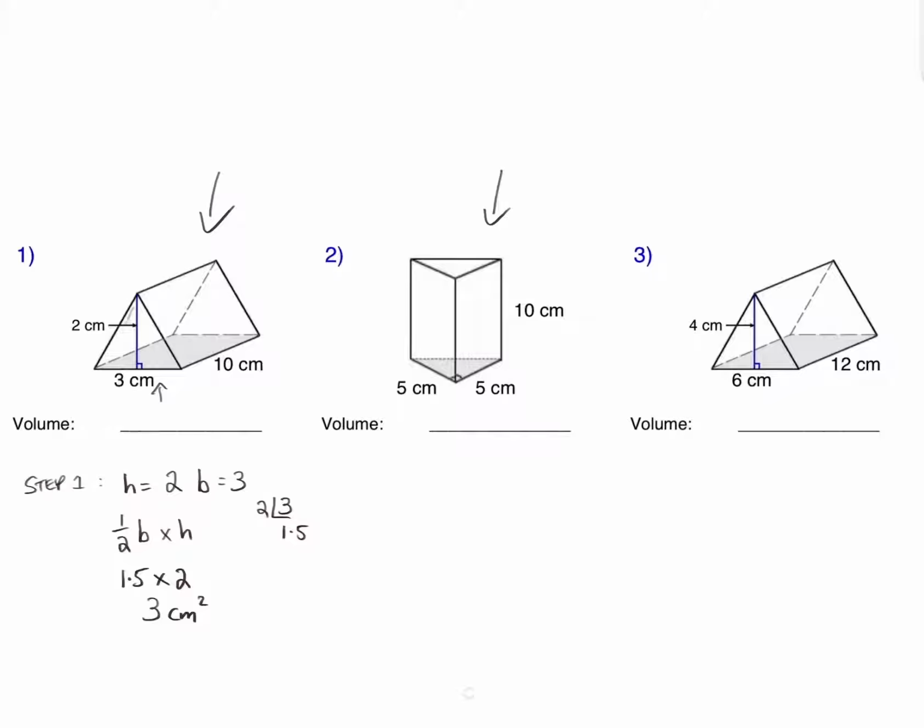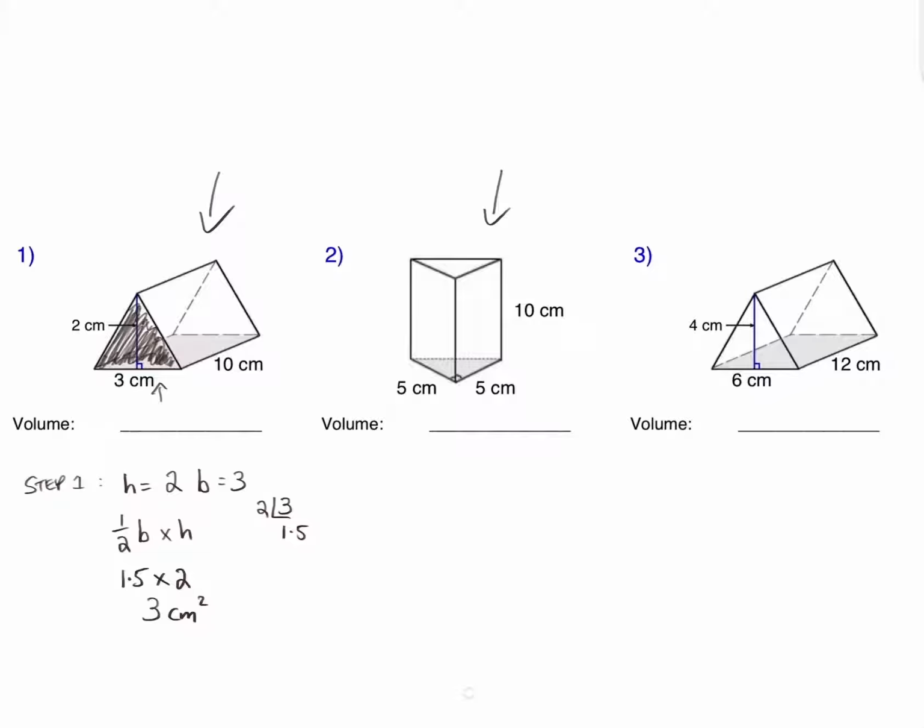Remember, area is flat, it's 2D, so this is everything inside of this triangle. But now we want to find out the volume, which is all of the space inside of this 3D shape.